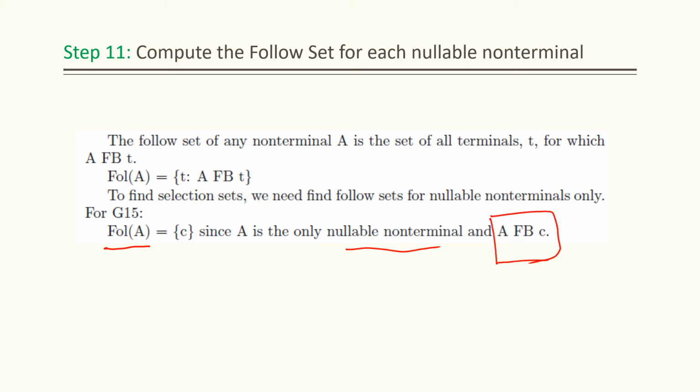So we say that follow A is C. So how do you get C? It is from A followed by C. Okay, so that is where we get follow A. Follow A is equal to C.